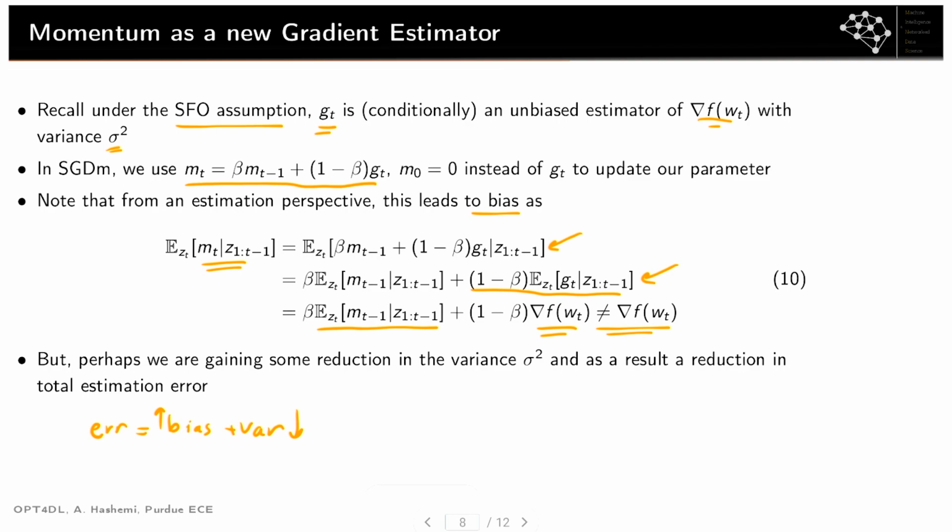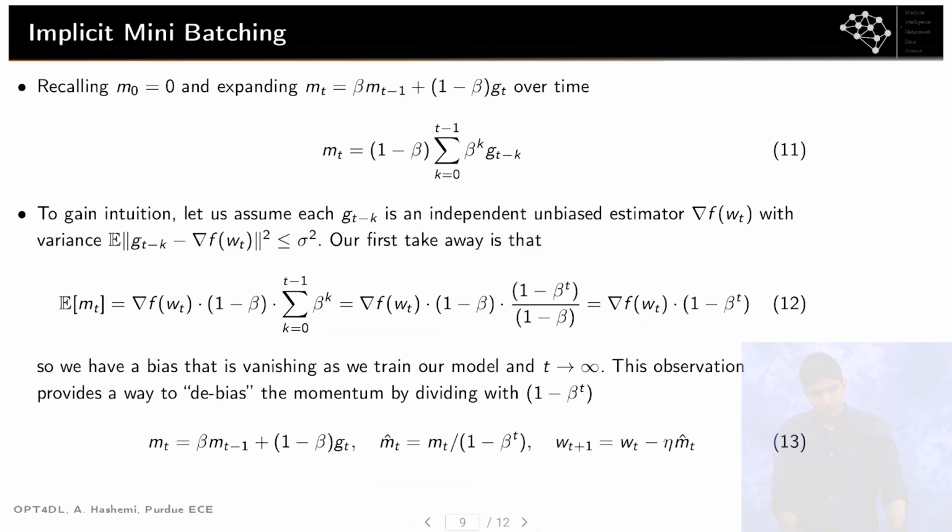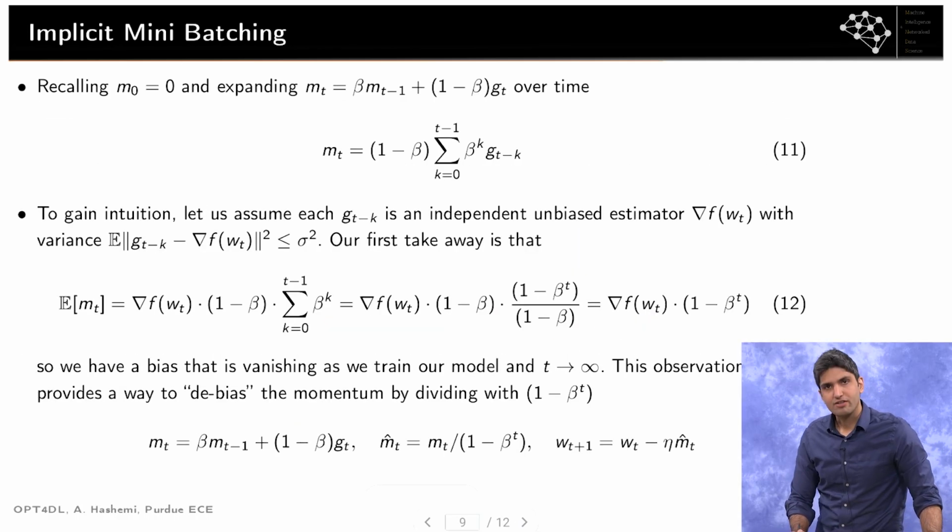But the analysis is a little bit involved, and that's what we want to do in this lecture and the next lecture. First, we want to gain some intuition, and then we're going to see how this plays out in the context of convergence analysis of this algorithm for training problems. So, as I said, let's gain some intuition.